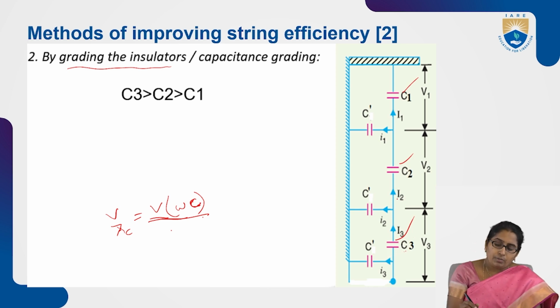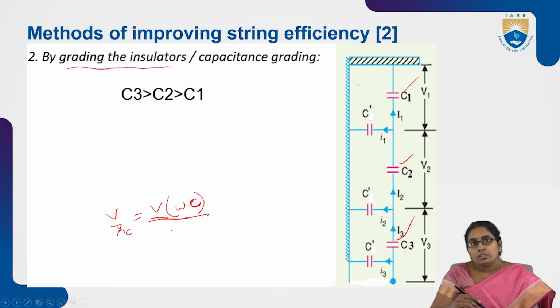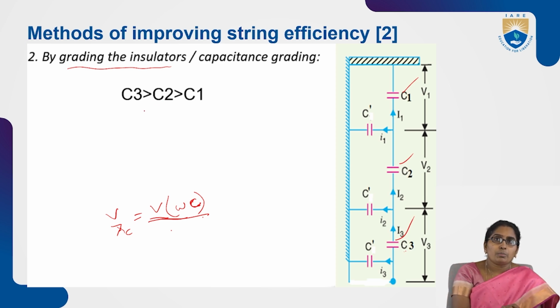Then the capacitance goes on decreasing as we move towards the cross arm. That's why the bottom unit capacitance is greater than the top unit capacitance.